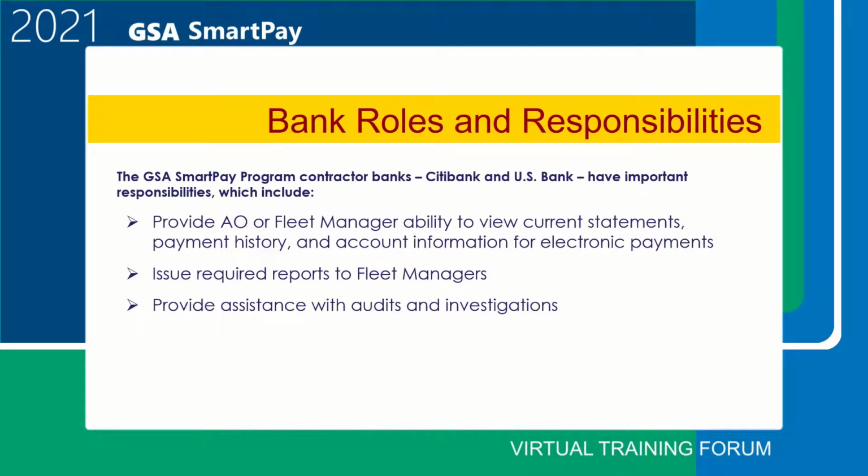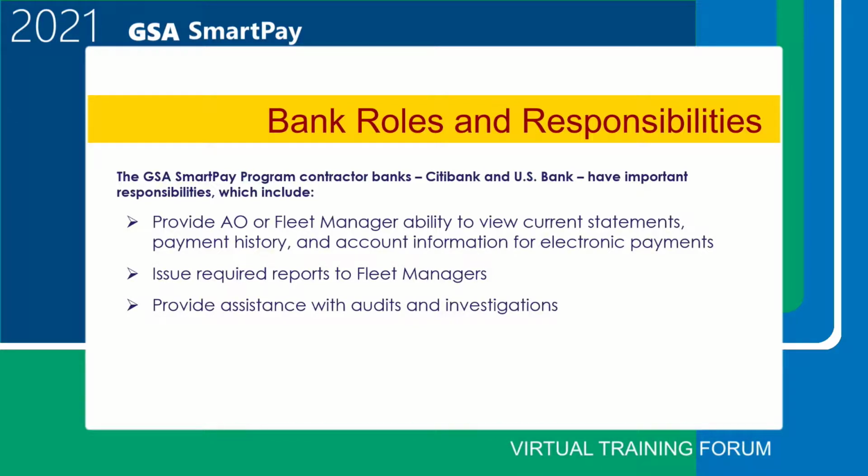A little continuation here. The banks should be providing the fleet manager and the approving official the ability to view current statements, payment history, and account information for electronic payments. There is a host of standard reports within the master contract, and if you work within your task order, they are required to send you those as well.